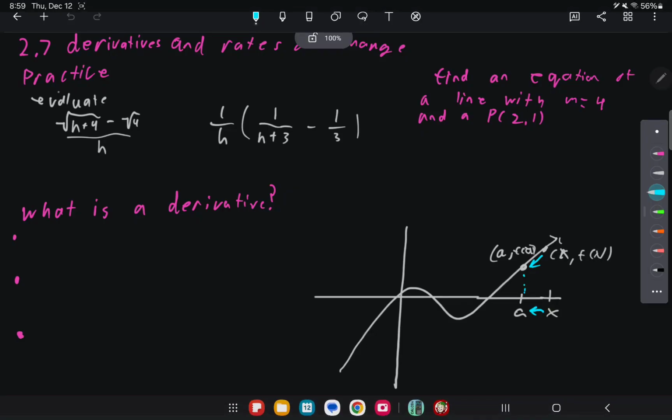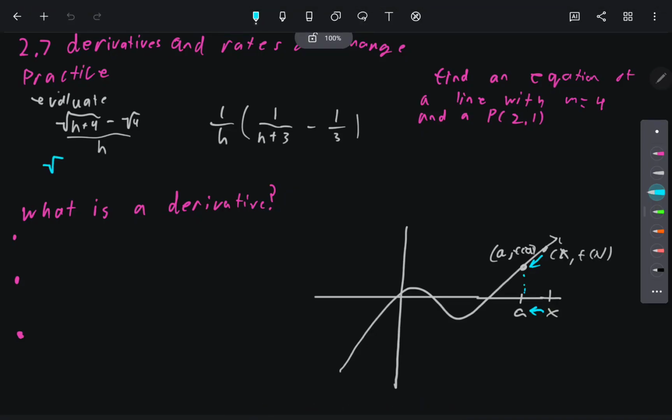So, for the first one, we want to start out by taking the square root of h plus 4 minus the square root of 4, all over h, and multiplying that by the conjugate, which is the square root of h plus 4, still, but plus the square root of 4.